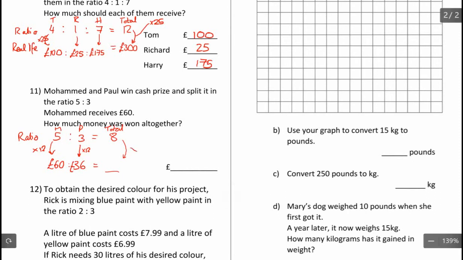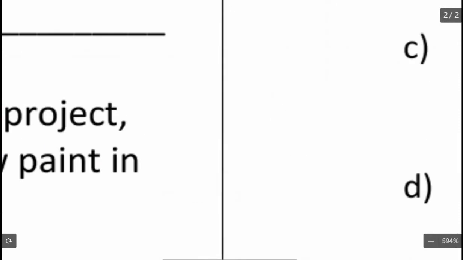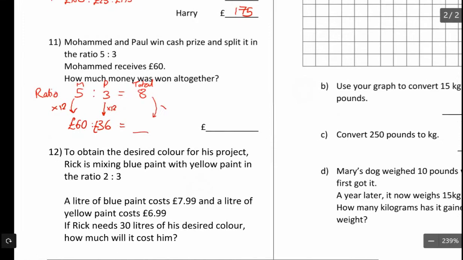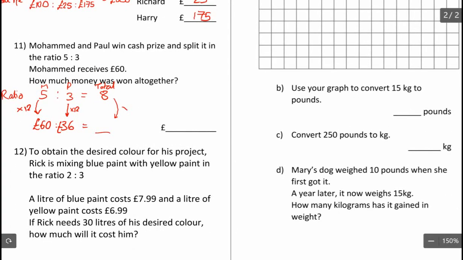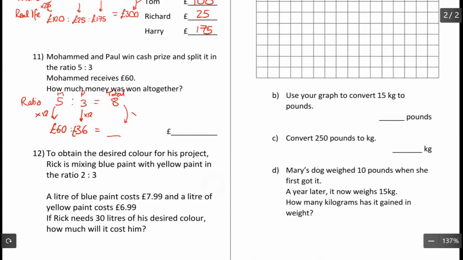And 8 lots of 12 would be 96 pounds. Okay, the other way to do it is just to add together these two to get 96.